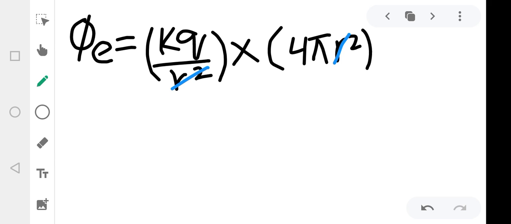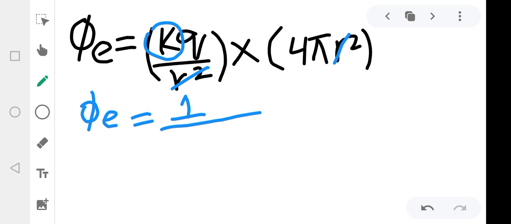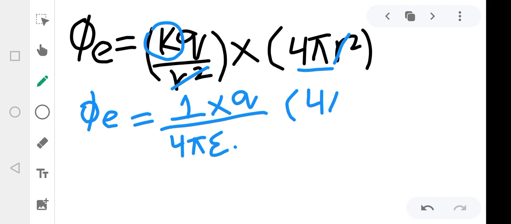Now we will put the value of k here. Our electric flux will become, and we know that k is equal to 1 over 4 pi epsilon naught. So the value will become 1 over 4 pi epsilon naught, r has been cancelled, times Q, and the 4 pi is left.